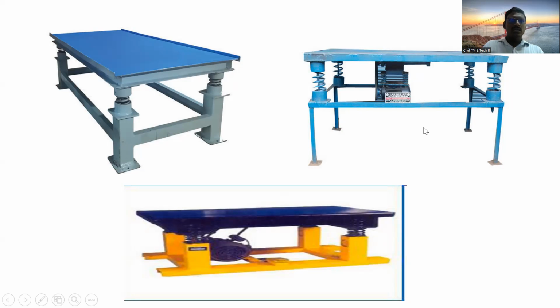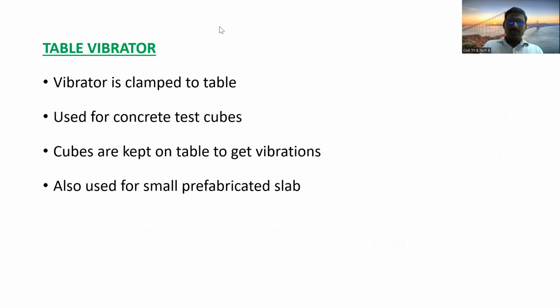These are the table vibrators, and in our laboratory this table vibrator is also available. What are the features of the table vibrator? The vibrator is clamped to the table, so the mechanism, the electric machine and the spring mechanism are attached to the surface of the table.